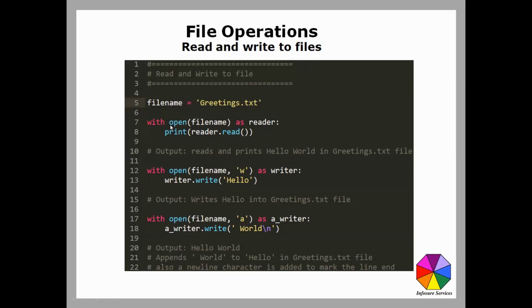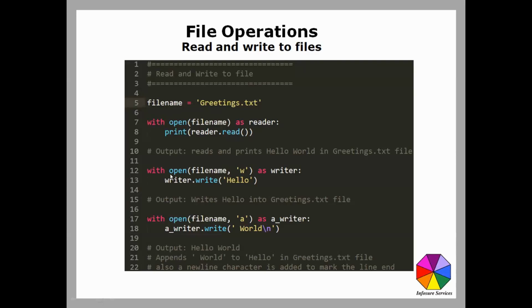You give a file name, any name, and that name is what you use inside the with open brackets. Once this with open is open, it is referred to with a variable called reader. So print reader dot read is my built-in method to read the file, and the contents of the file will be printed.